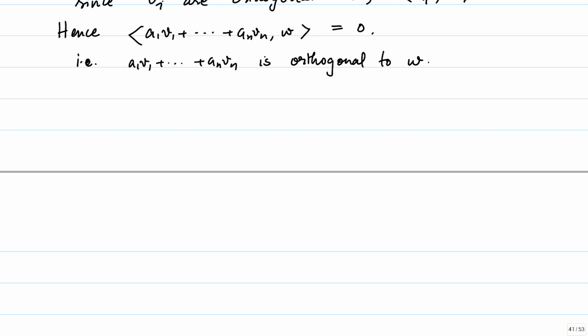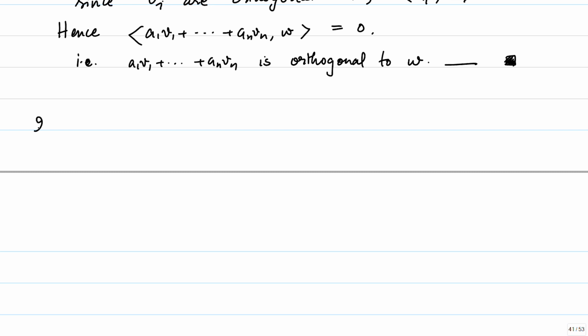So we have proved the result. In particular, if we take some vector v which is orthogonal to w, and if you look at any vector in the subspace spanned by v, that will also be orthogonal to w because it's a linear combination of v.